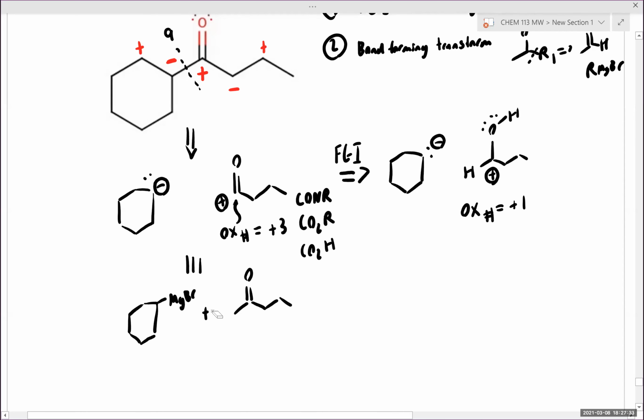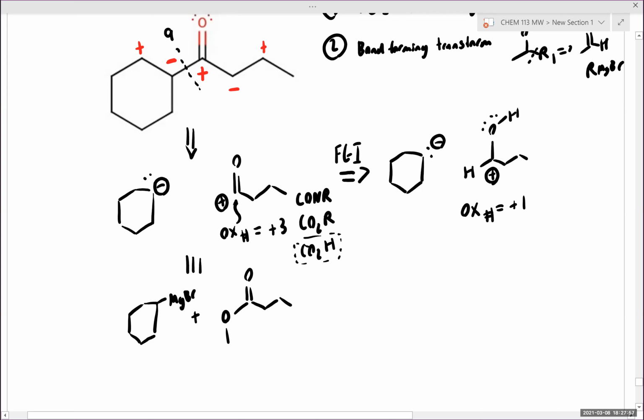And we can just draw this as the methyl ester. Unless there's a reason to, there's no need to make the ester anything other than a methyl ester. We'll talk about some reactions that prefer different types of ester functionalities, but generally the methyl ester will work great for Grignard additions.